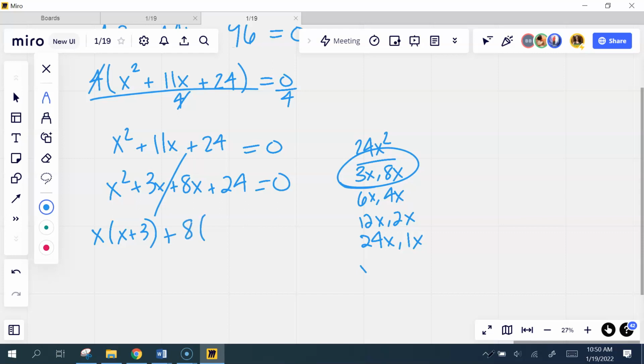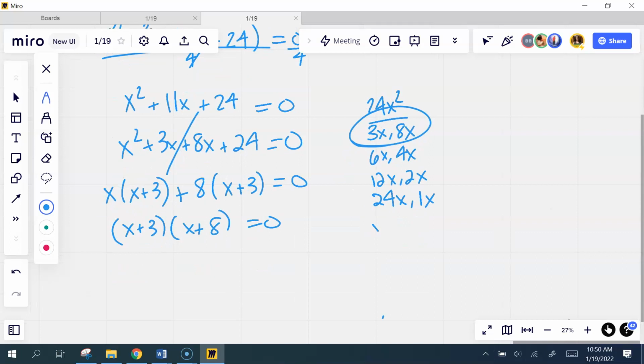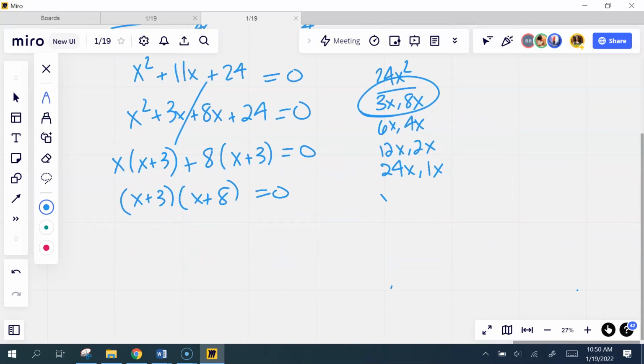And what's left? Plus 3. That's right. So now I have x plus 3, x plus 8. Now it's downhill from here, right? Set each piece to 0, and solve each one individually.